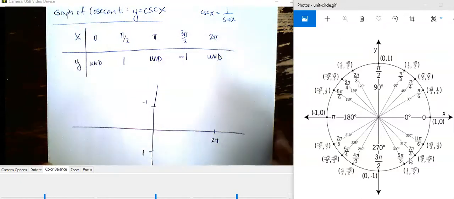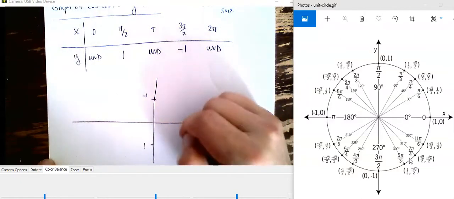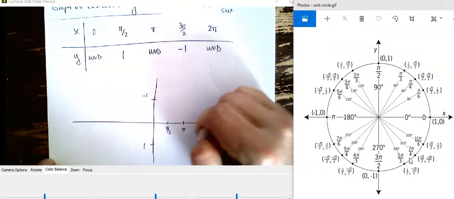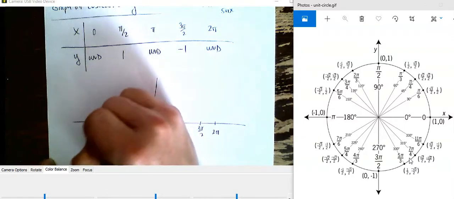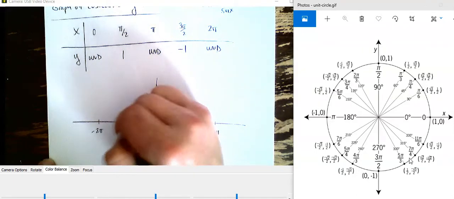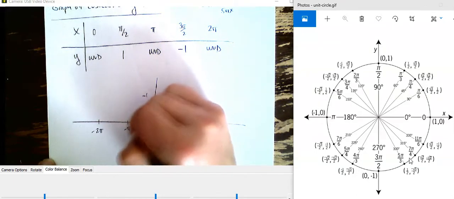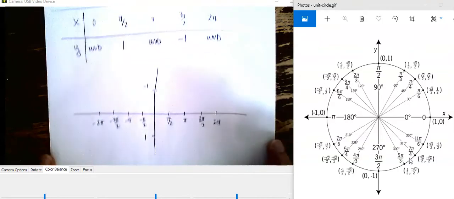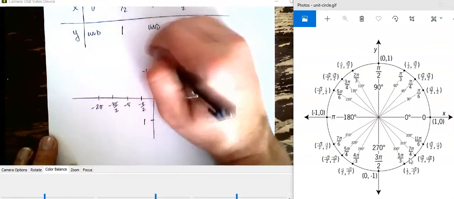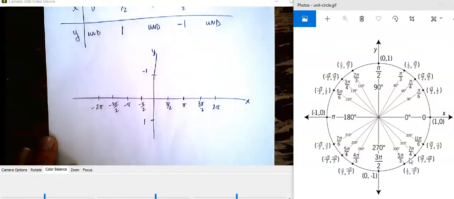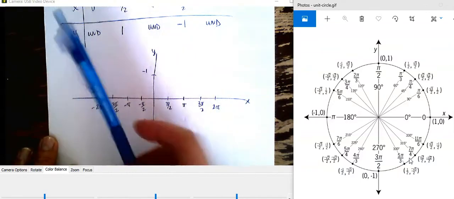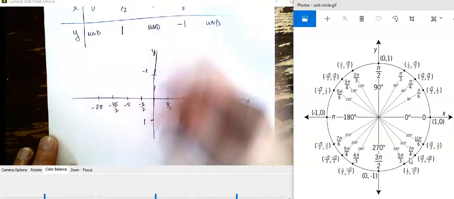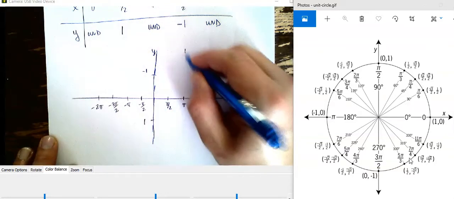All right, so let's scale our axes like normal. X and Y. And let's put in our asymptotes. Asymptotes occur at 0, pi, and 2 pi, so all the whole multiples of pi there.